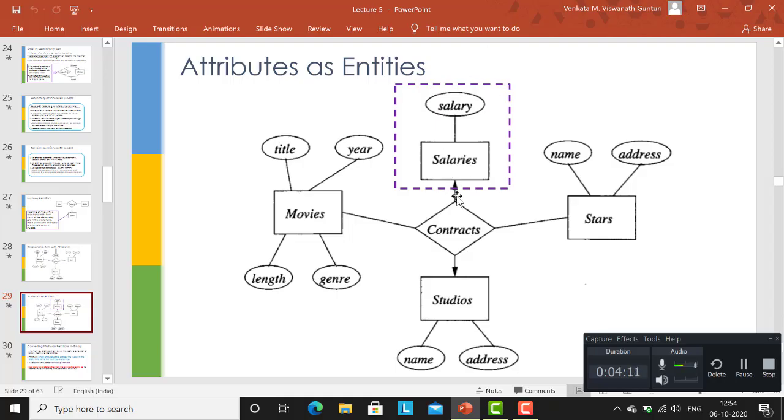Another, even closer example to this case, is if you have a structure in your salary. So for example, if all the employees in a company or different projects or something, if the salary components are fixed, then it makes sense to make salary an entity, right?